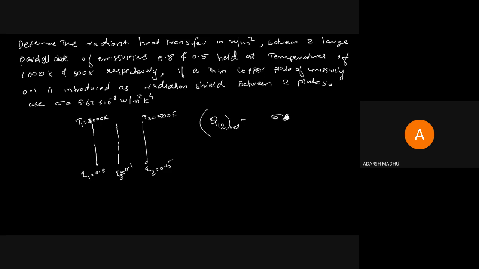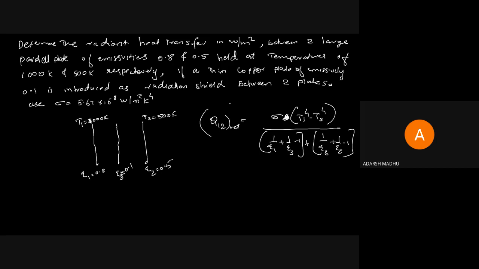Sigma into A, so A cancels here. Sigma into T1 raised to 4 minus T2 raised to 4 all divided by 1 by epsilon 1 plus 1 by epsilon 3 minus 1 plus 1 by epsilon 3 plus 1 by epsilon 2 minus 1. The equation.